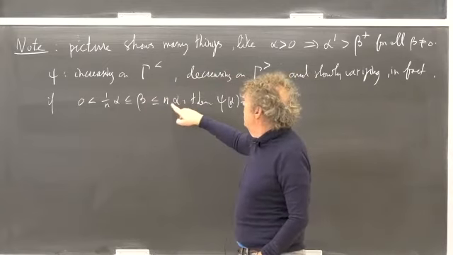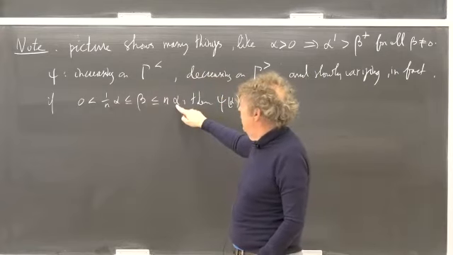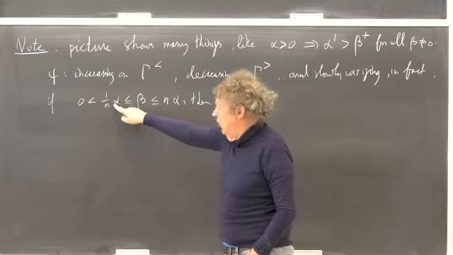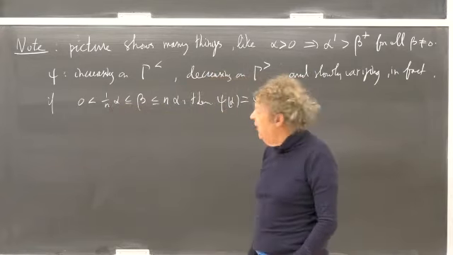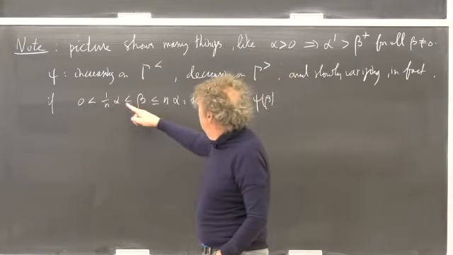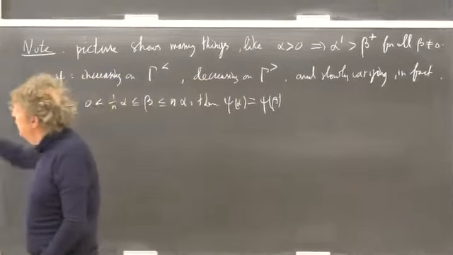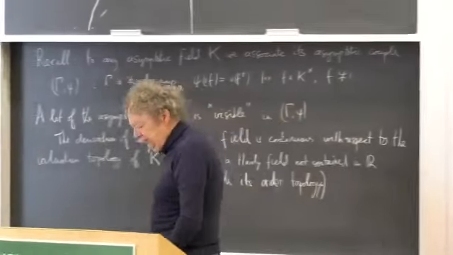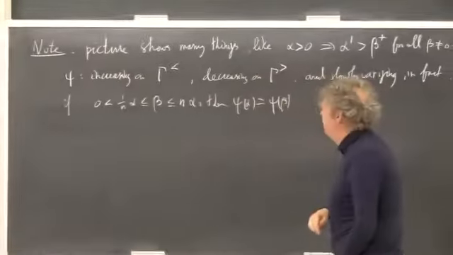Well, we know already that psi of n alpha equals psi alpha, and therefore also psi of 1/n alpha is psi alpha, and then since psi is decreasing in the weak sense, psi alpha must be psi beta, right?